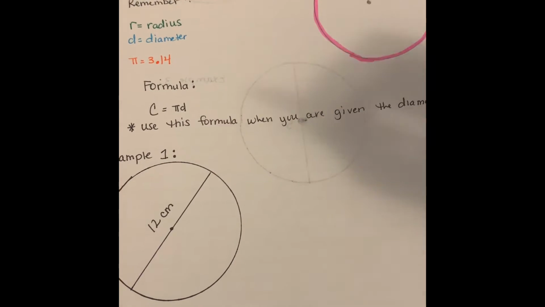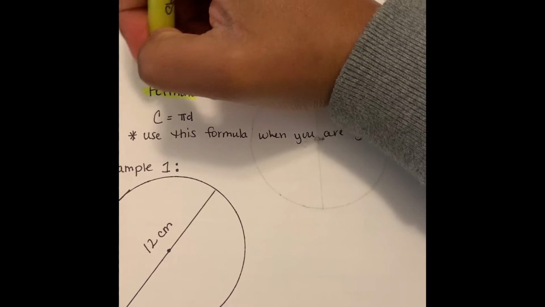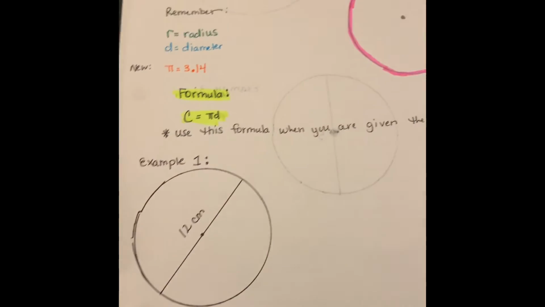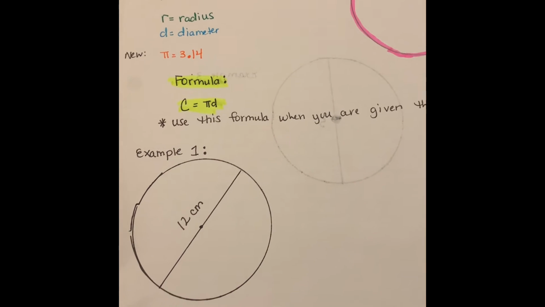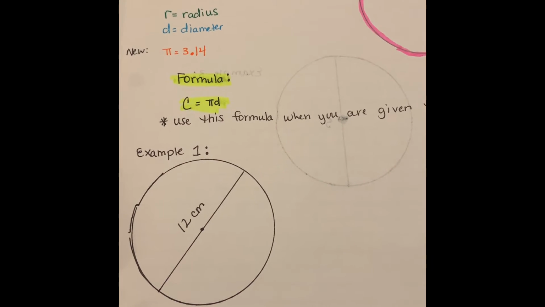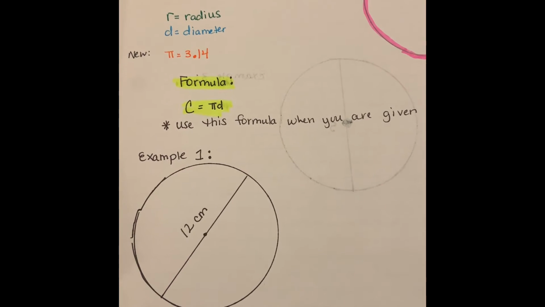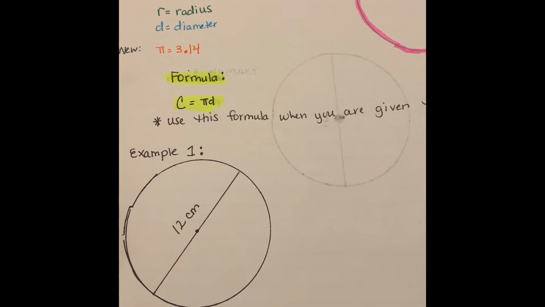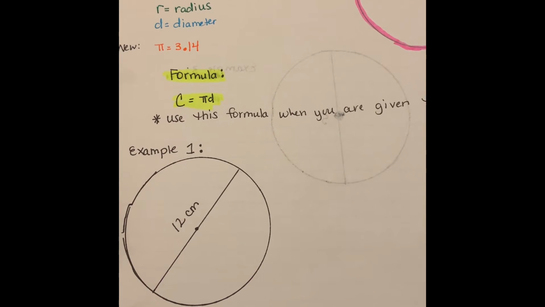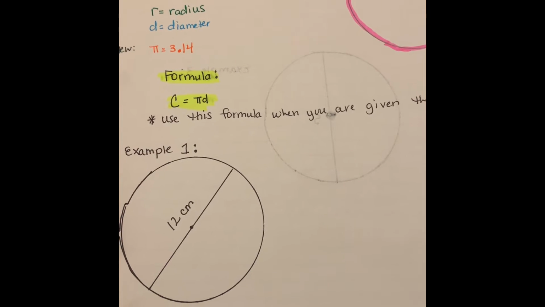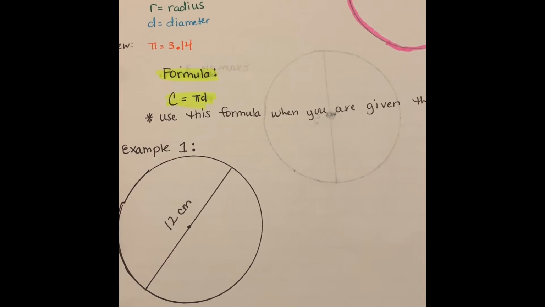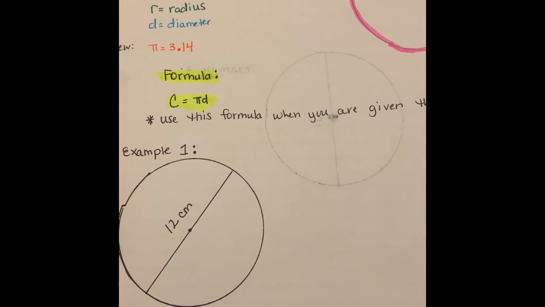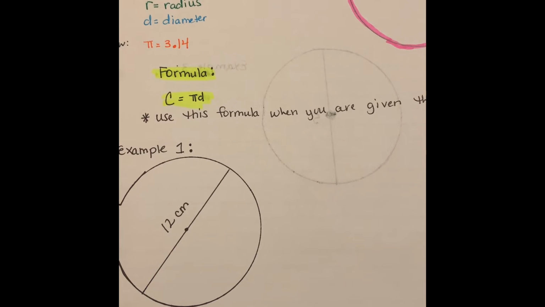We need to use this formula right here. It is C for circumference is equal to pi times D, where pi is 3.14 and D stands for the diameter of a circle.